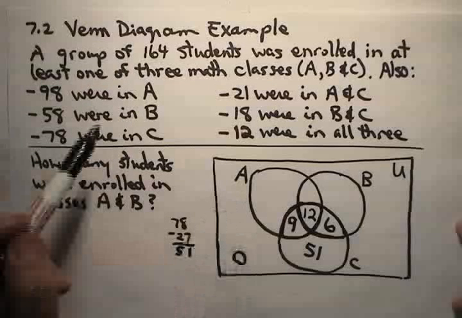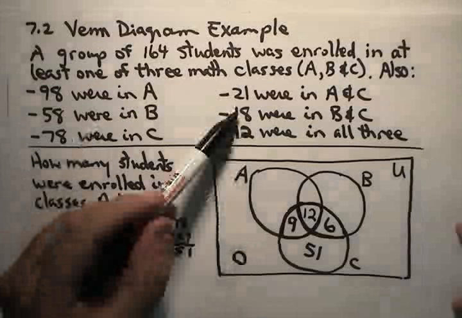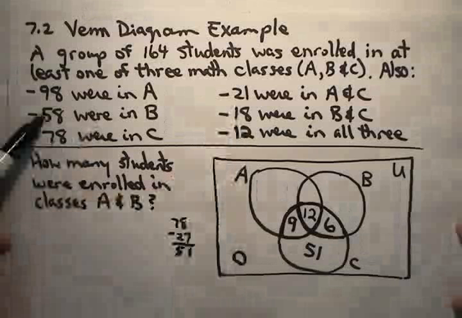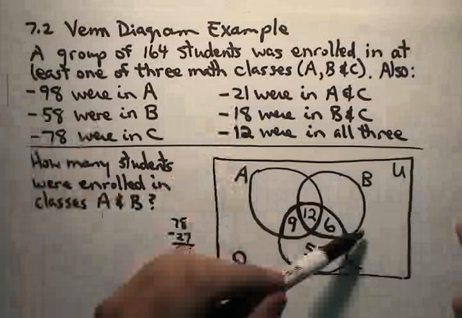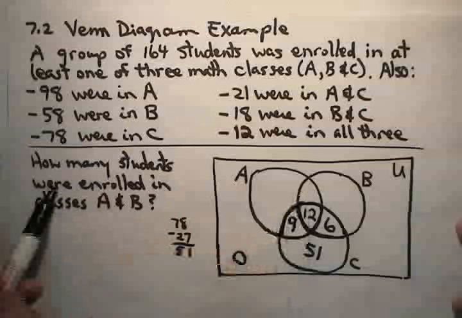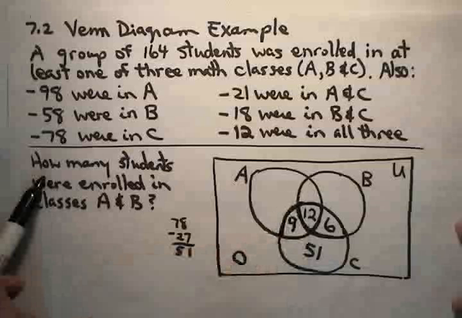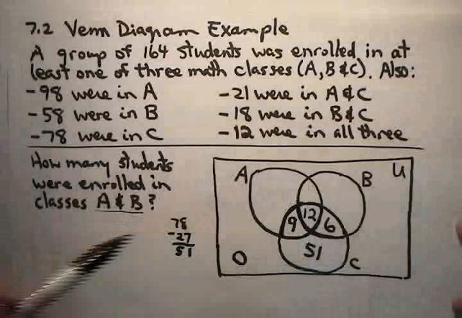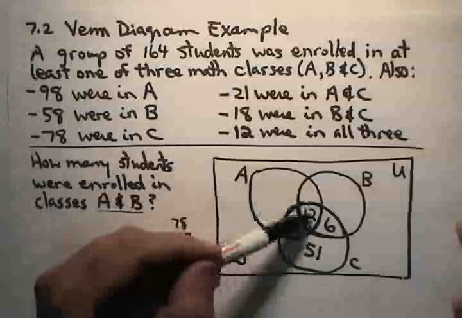Now I'm working my way up. I've used this piece of information, this one, and this one. I'm trying to use the information that 58 were in B, meaning 58 were inside this circle. But I don't know how many were here. In fact, that is exactly what they're asking us: how many students are enrolled in A and B? That's going to be this number plus this number.